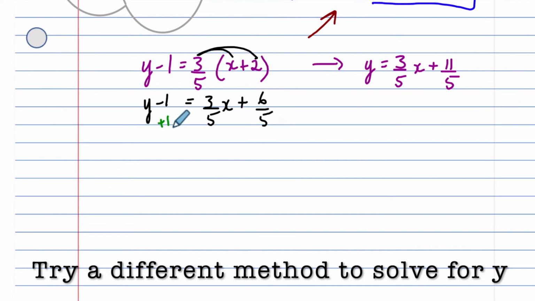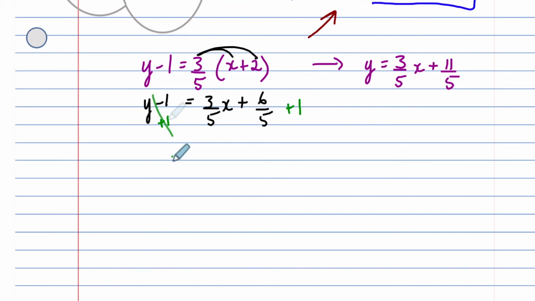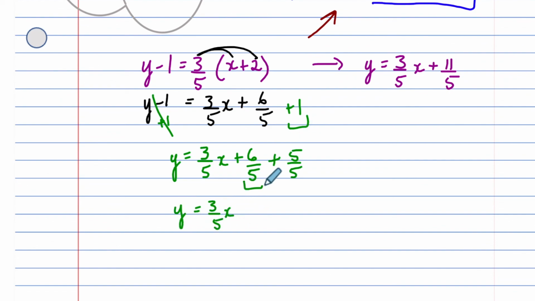We want to add 1 both sides. Y is equal to 3/5 x plus 6/5 plus, and let's make this 5/5, 3/5 x, and then adding these two fractions makes 11/5. Same answer.